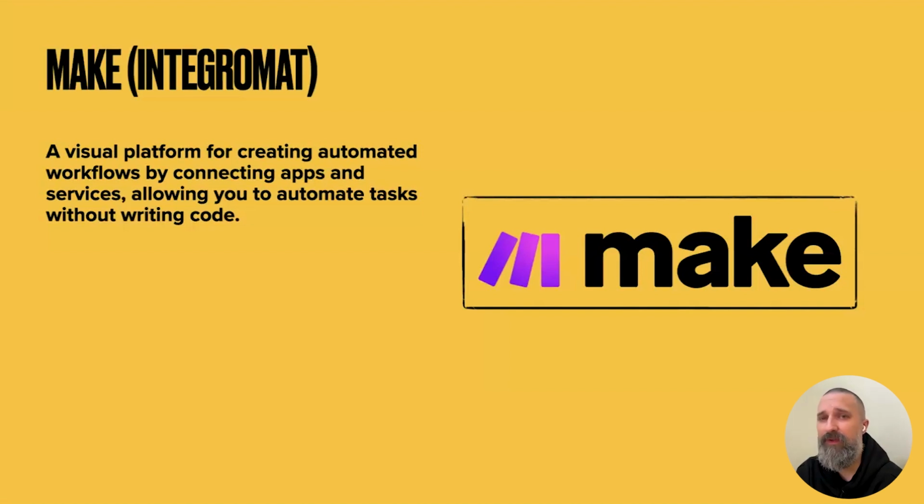I said that Airtable is one of my favorite no-code platforms. Make.com is hands down my favorite no-code tool. Make.com is so powerful. It shows visually the automations that we build, and it connects with most, if not all, of the tools that I want to connect with. A very, very powerful platform for building automation.